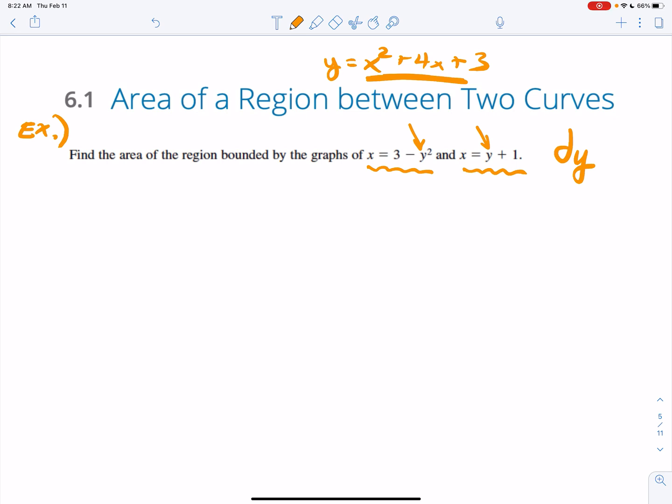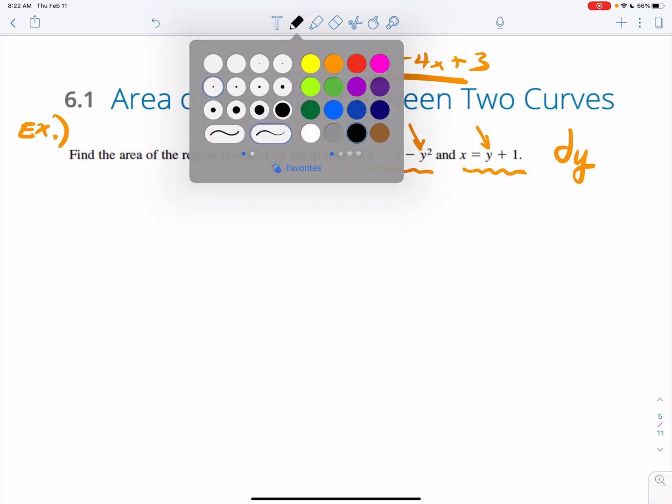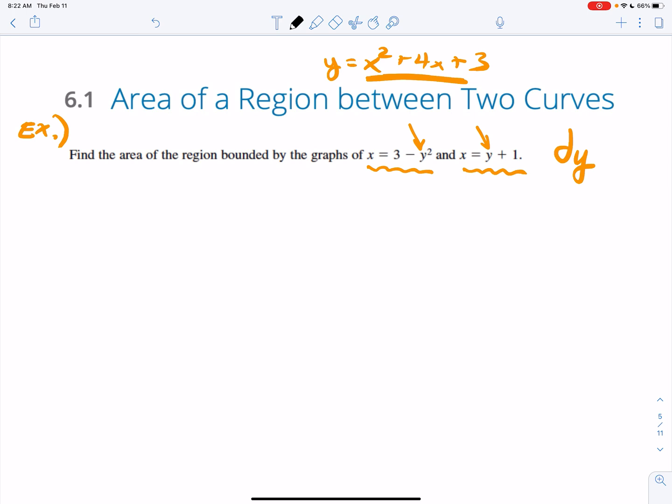So how do you know when to use which? To answer that question, take a look at your equations. If it's in terms of x, keep it at x. If it's in terms of y, keep it at y. All right? There are some exceptions, but we'll get to that later. Okay, so just like the previous problems in the last section, the first thing you want to do is get a picture, right?